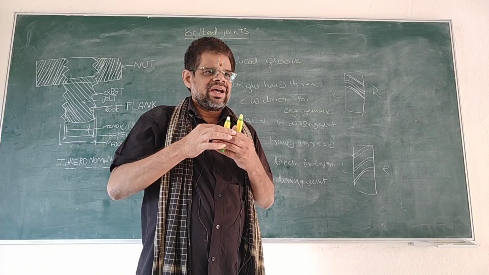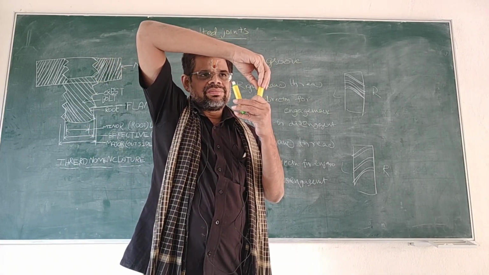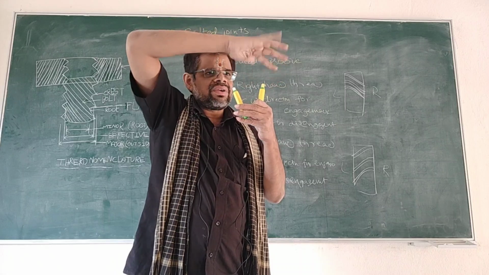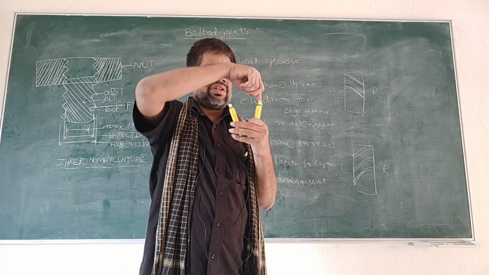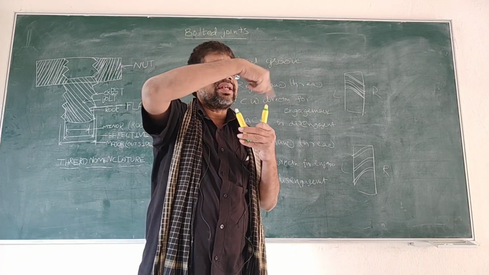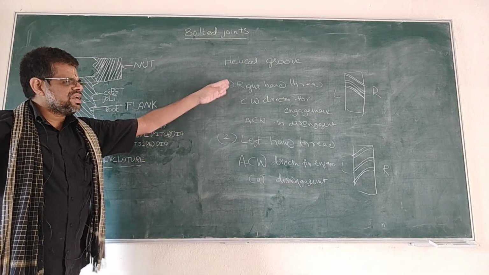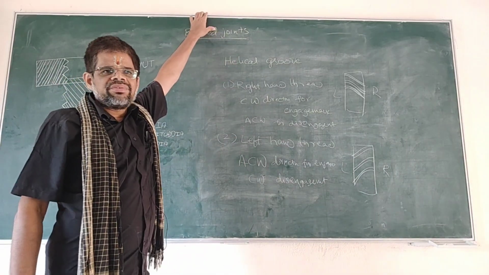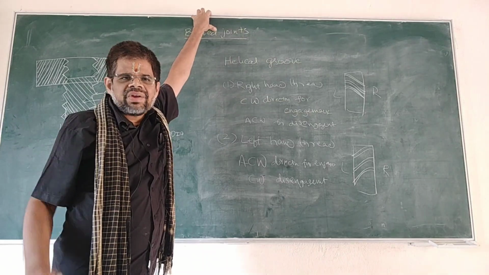So accidentally, if you use this for the other valve, then if you rotate it clockwise, it will not tighten, because the clockwise direction is for disengagement for this. So if you have to engage it, you have to rotate in anti-clockwise. In such cases, you have to provide this variation of threads. That is right hand thread and left hand thread.